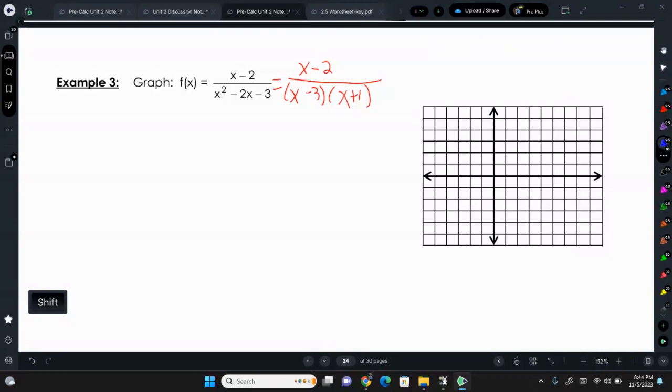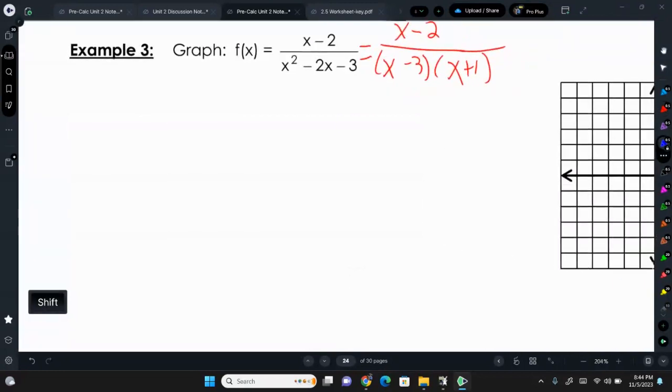So then let's go through our steps. Our x-intercept. X-intercept, again, we're going to set the numerator equal to 0. So x minus 2 equals 0. X is going to equal positive 2. So 2 comma 0 is our x-intercept.